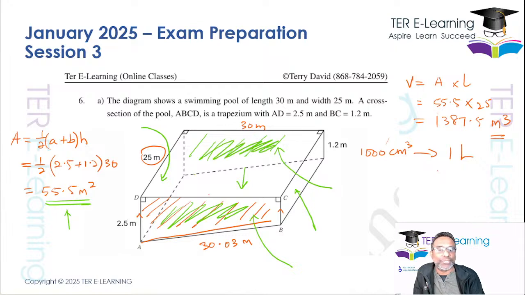The next thing we need to take care of, we have 3 rectangles to take care of. One of them is going to be 25 by 2.5. I'm just going to work it out up here. 25 by 2.5, that's this one. If we look at the base of the pool, that is 30.3 by 25.